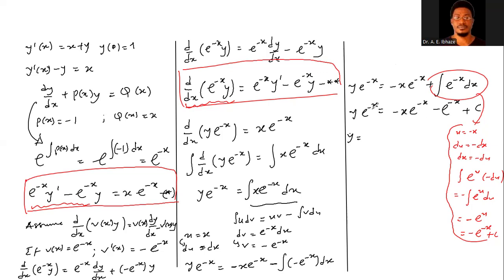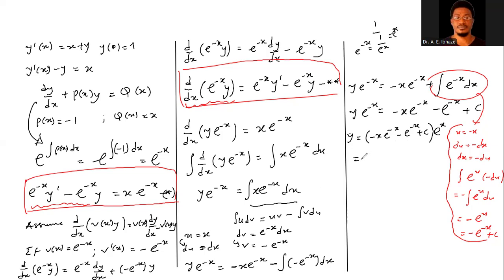So this negative will be off because 1 over 1, this is already 1. Now, e^(minus x) is the same as 1 over e^x. So 1 over this will give us e^x. So that will now be minus x e^(minus x) minus e^(minus x) plus c times e^x, since we are dividing by this.